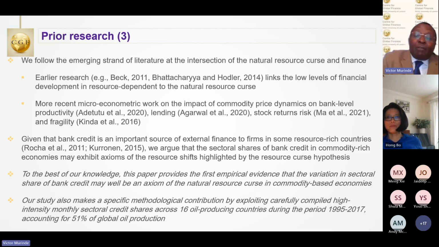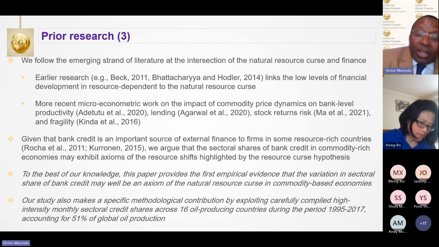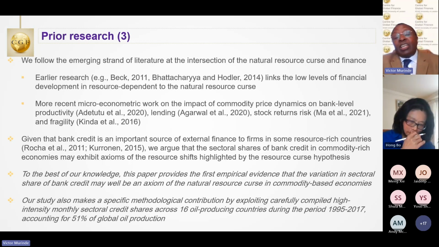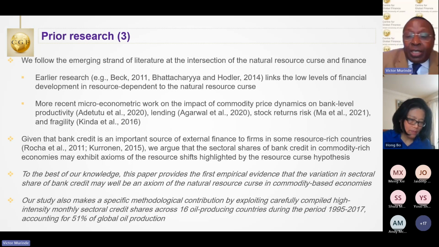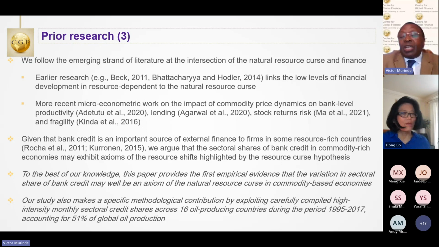Some other authors have also looked at the micro level, showing that it affects lending, especially the work by Garwar 2020. Other work using bank-level data has shown that commodity price dynamics can affect stock return risks, using, say, a market model of stock returns.